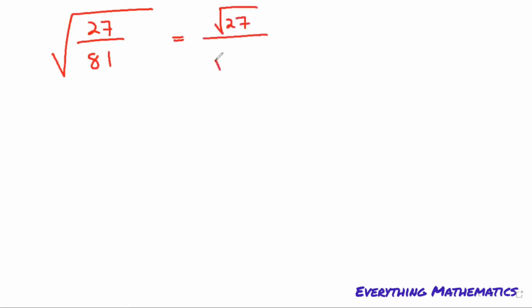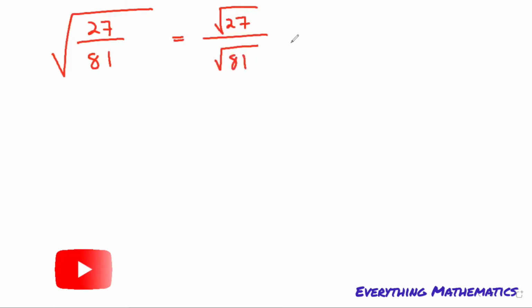So let's do another example. Supposing I have the square root of 27, and I want to divide that by 81, so the square root of 27 over 81. Of course, applying the rule, we know that this is the same as root 27 divided by root 81.